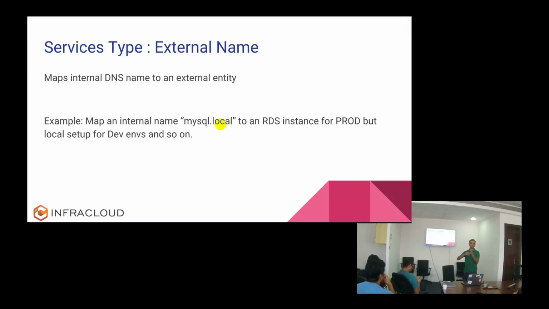This way your configuration can always point to mysql.local, and then it can map to a local database in a dev environment, but RDS in a production environment. This way you can just do a simple redirection of internal names to an external entity.